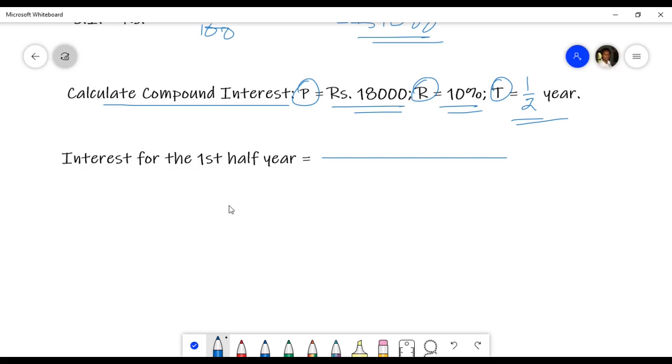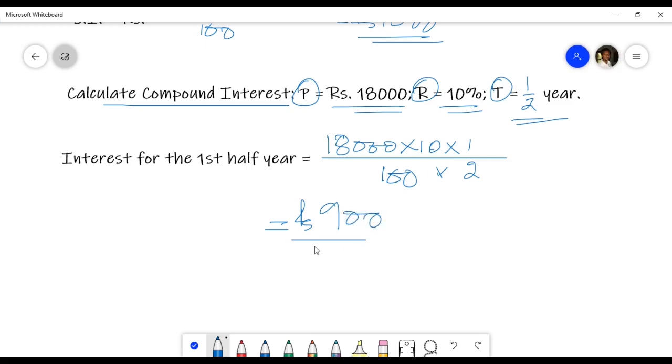So when we calculate compound interest here, we have to take time as half year. This is the interest for the first half year. We'll just replace the values of principal, rate and time. After replacing and calculating it, we will get the answer as rupees 900. So this is the interest for the first half year, rupees 900.